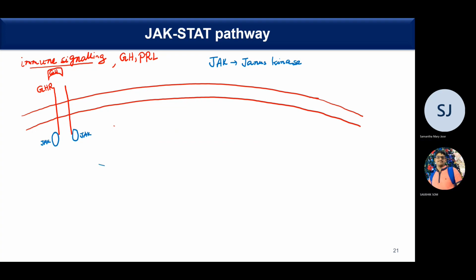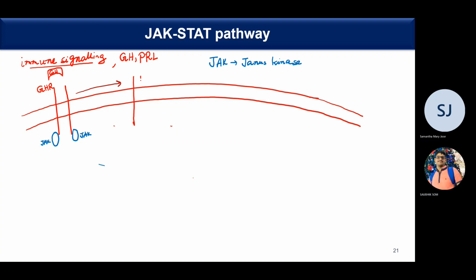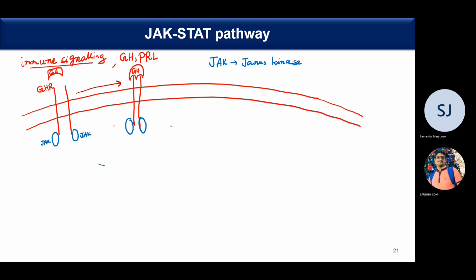Now, so these are two GHRs. What happens after the hormone comes and binds to the GHRs? So if this is my GHR, and the hormone has now bound to the GHRs. Okay. So now these JAKs come close to each other. This is a JAK and this is another JAK.